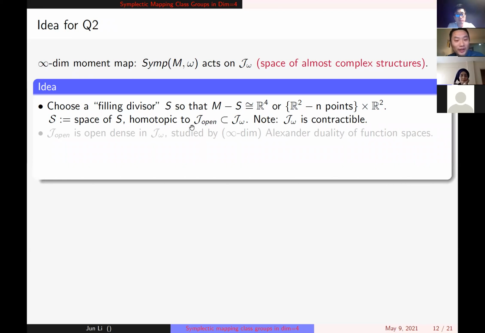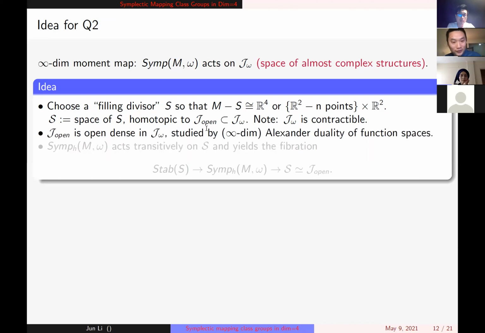It is homotopy equivalent to some open stratum in the J_omega, where J_omega is the collection of almost complex structures compatible with omega. Okay, J_omega has a simple topology, which is contractible. And the open stratum, at least we can understand part of its topology, the lower pi_i's, by some Alexander duality.